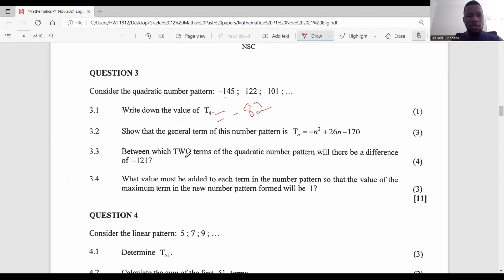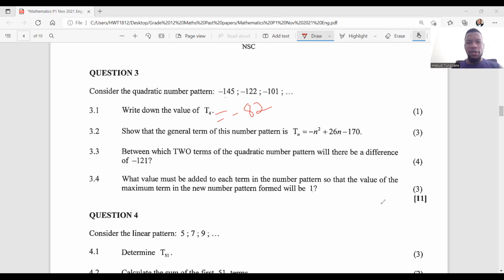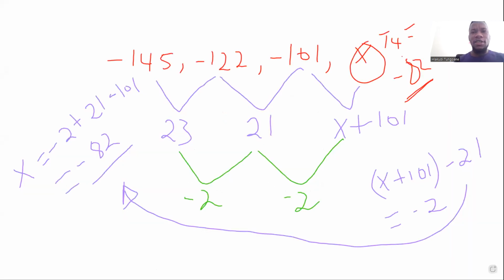Okay, so the second question says, let's determine the Tn formula for this quadratic sequence. So let's open the whiteboard again. What's the Tn formula for a quadratic sequence? Remember? Tn equals an squared plus bn plus c, right?